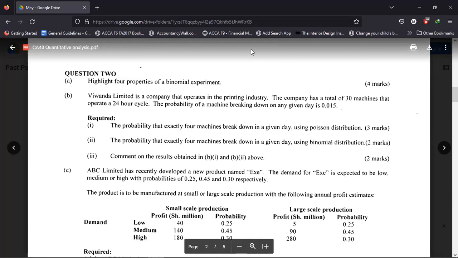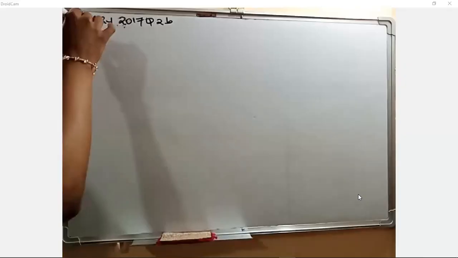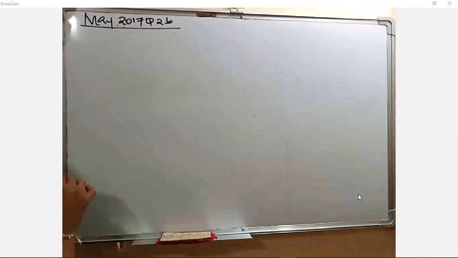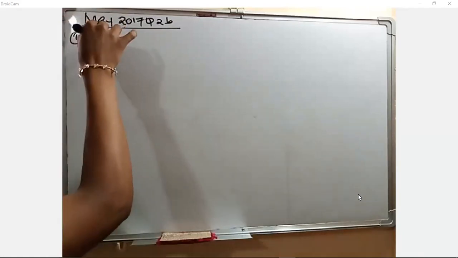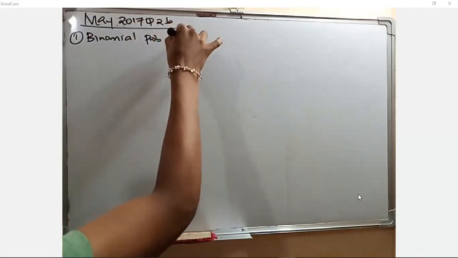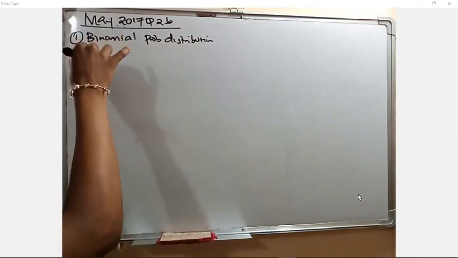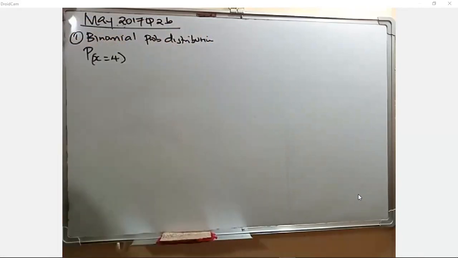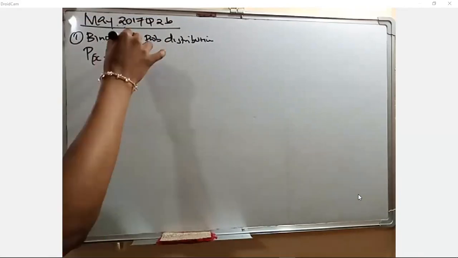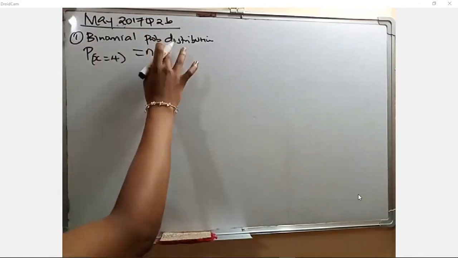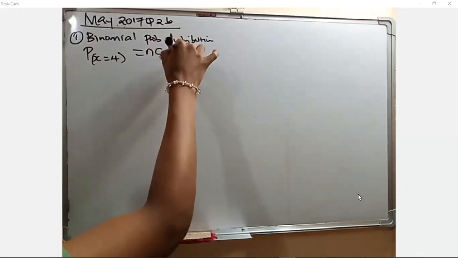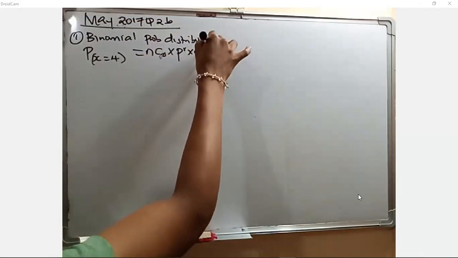So in this case, we look at the binomial probability distribution, where we said to get the probability of x equal to 4, because we have been told it is 4, our r, it should be equal to n combination r times p raised to power r times q raised to power n minus r.